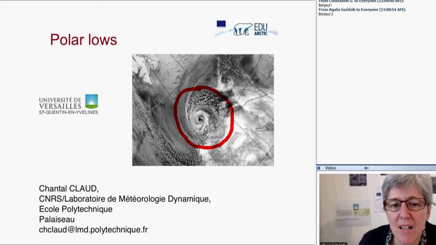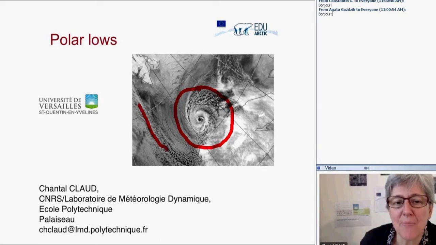We call that cloud streets, and they occur very often when you have a polar low because they show that we have very cold air coming out from the sea ice covered areas and which comes over open sea.